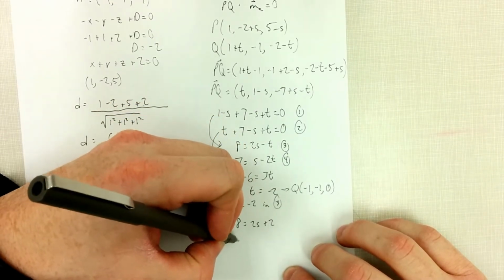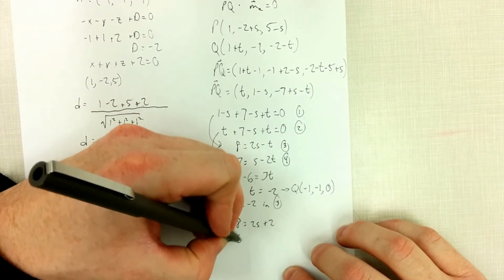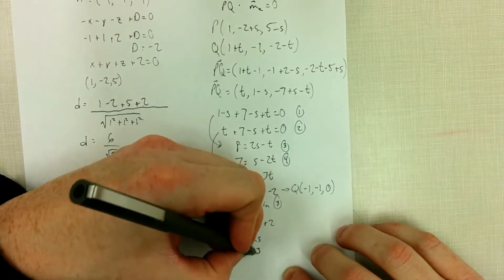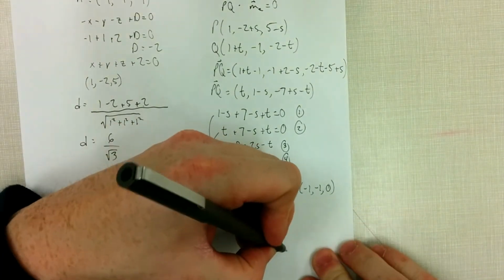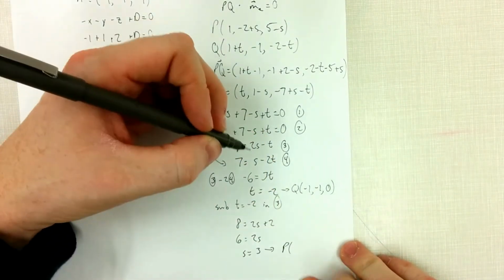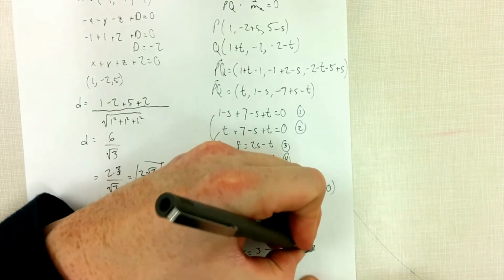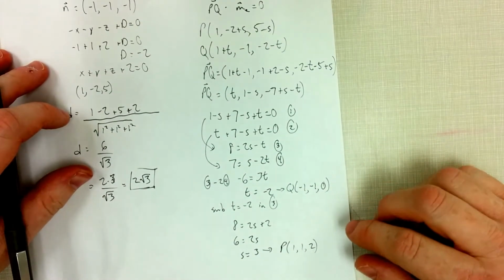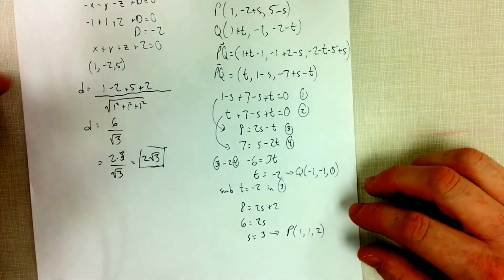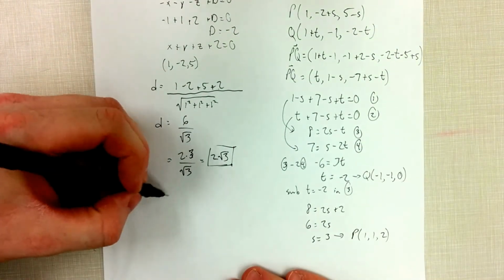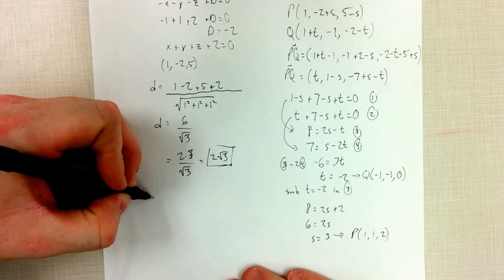So subtract 2, I get 6 equals 2s, s equals 3, and that will give us our value of P, which is 1, 1, 2.